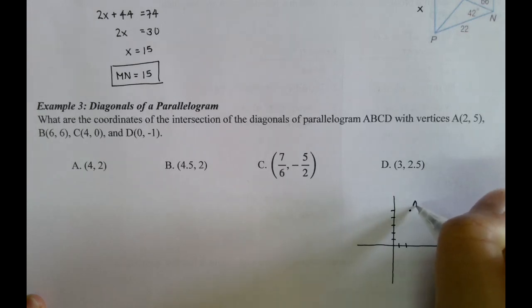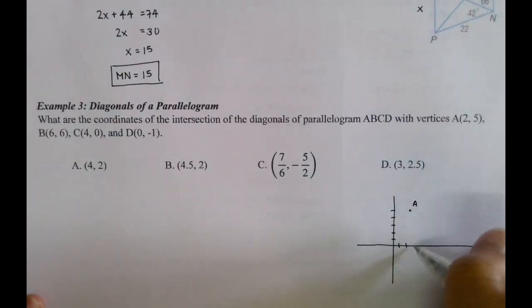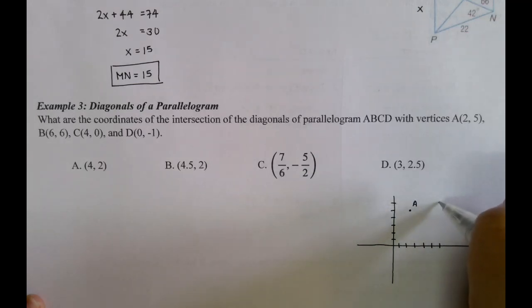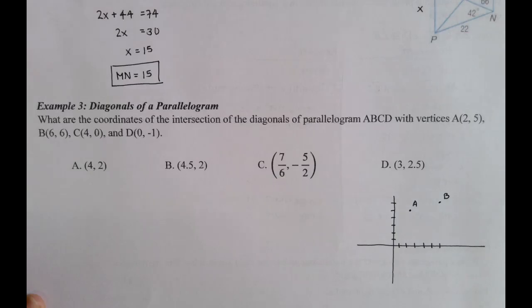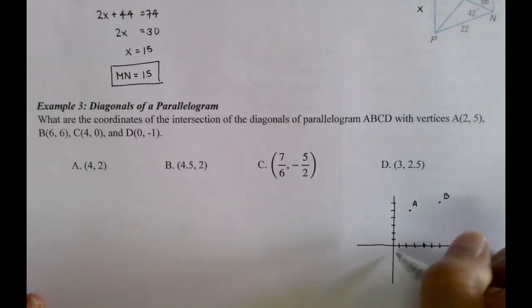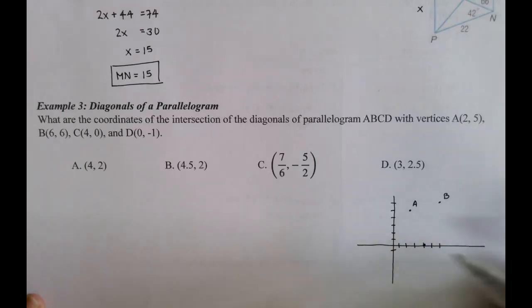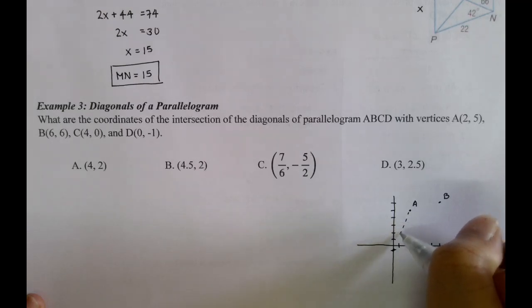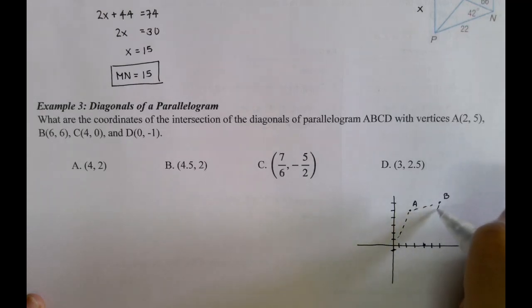So here's A. B is (6, 6), 1, 2, 3, 4, 5, 6. So this is already 5, so 1 more. So B is here. C is at (4, 0). And D is at (0, -1). It doesn't quite look very good, but it's okay.